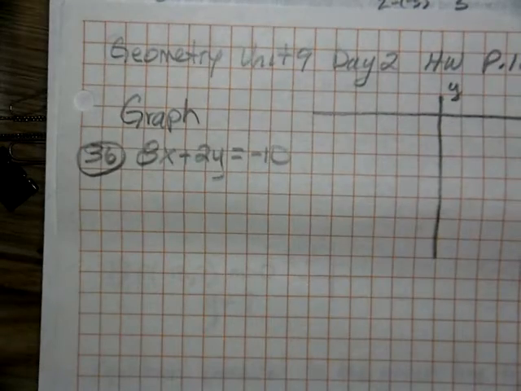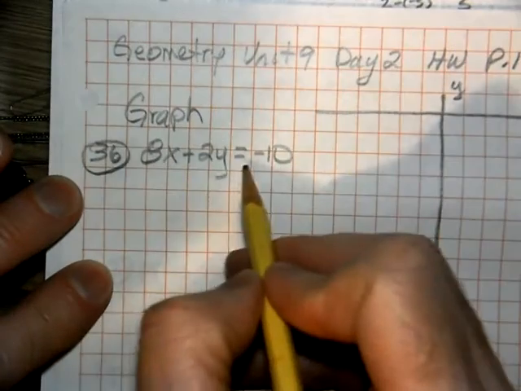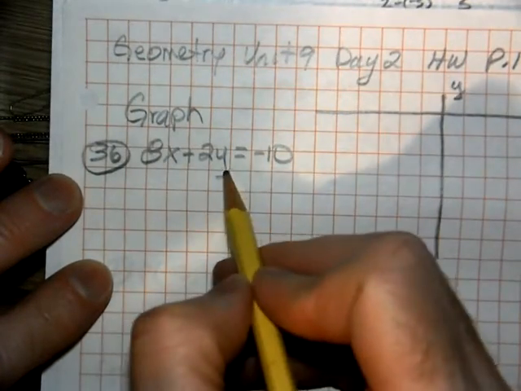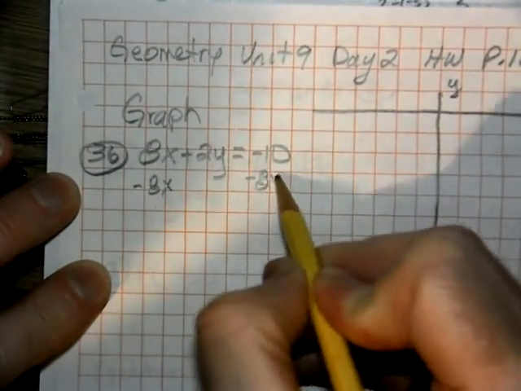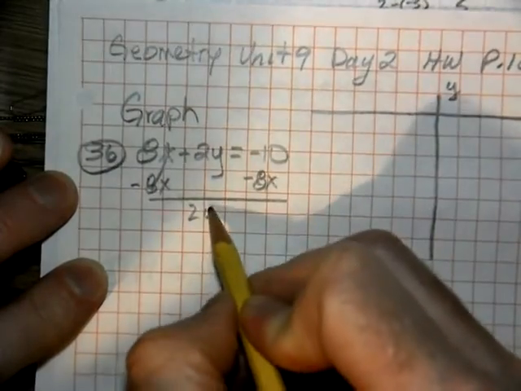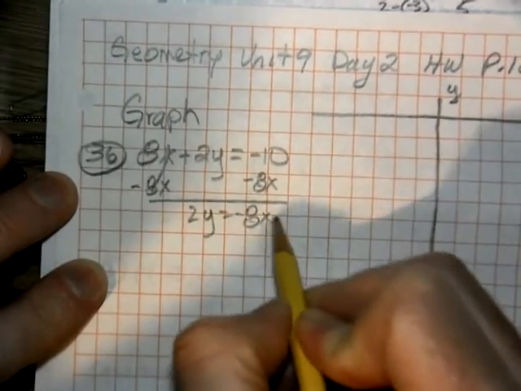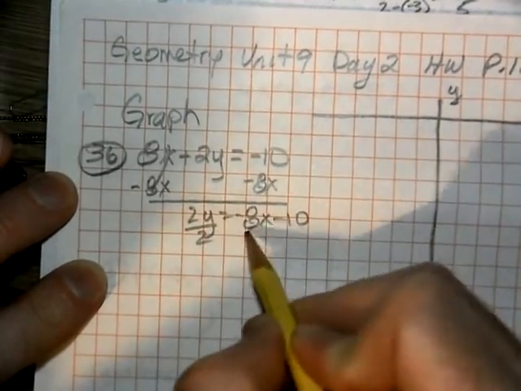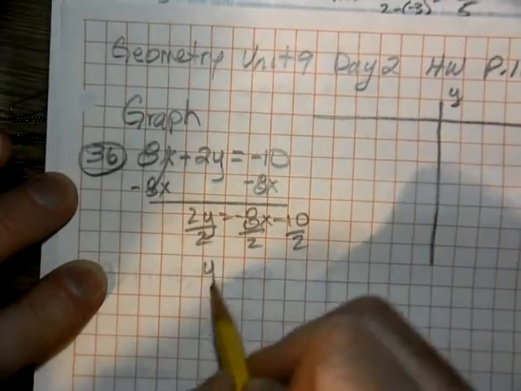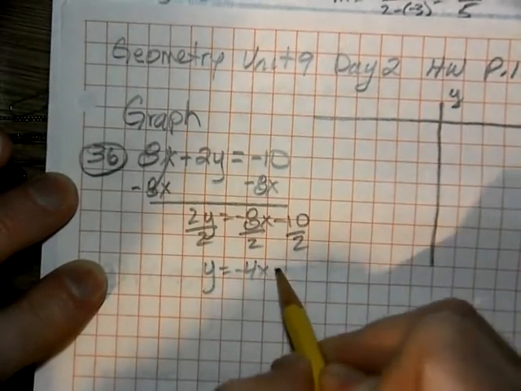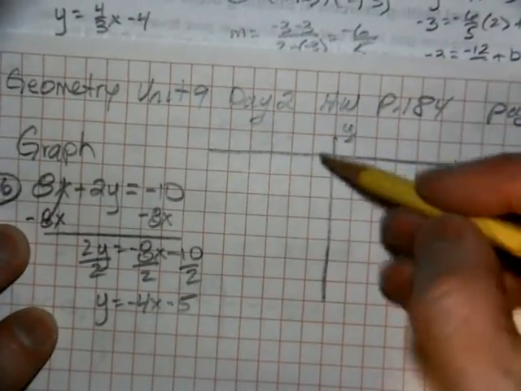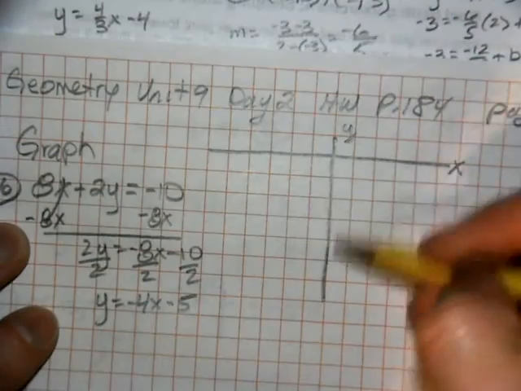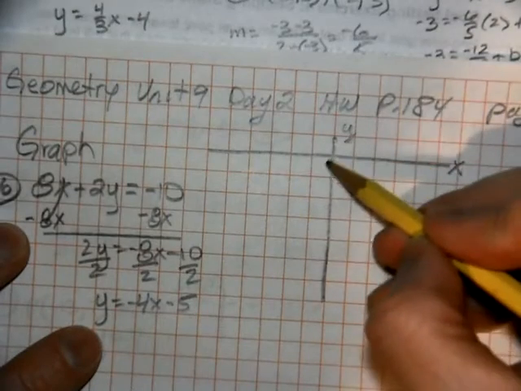Here's number 36, working with graph paper. We have our equation. This is in standard form. We need to put it in slope-intercept form, so we're going to subtract the 8x to the opposite side. Divide by the 2. So if that's our equation, we're going to come over to our y-axis. I'm just showing the bottom part of the xy axis.